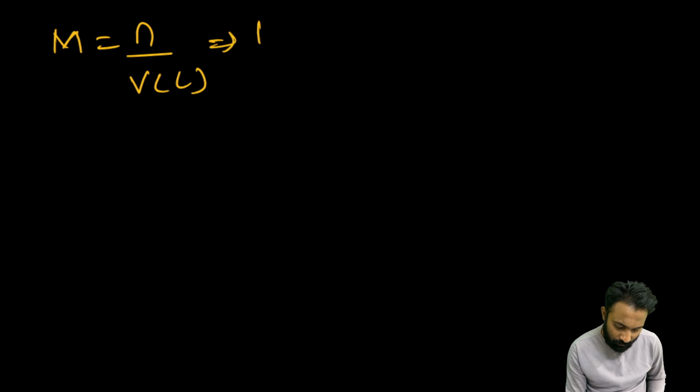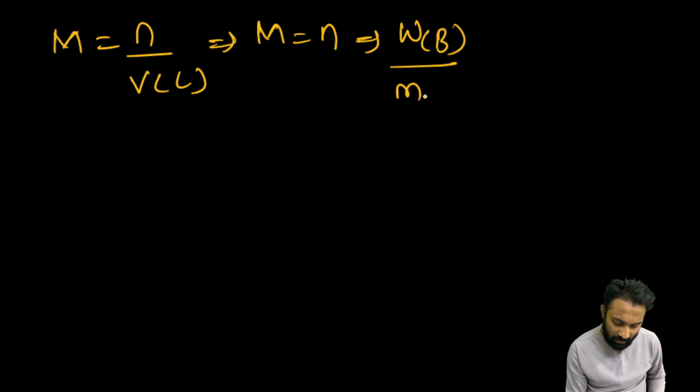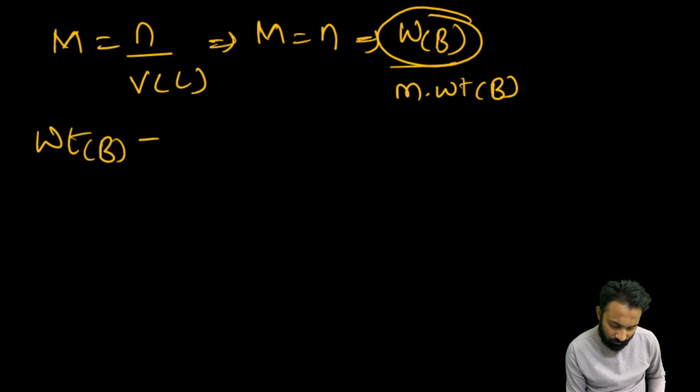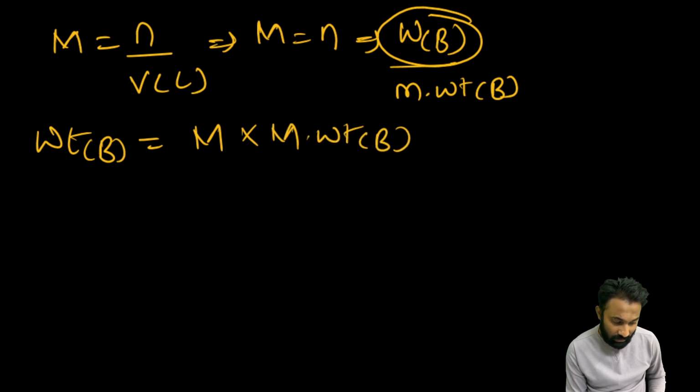So molarity will be equal to number of moles, which expands to weight of solute by molecular weight of solute. From here I will get the weight of the solute. Taking it to the left hand side, weight of solute will be equal to molarity into molecular weight of solute. Clear?